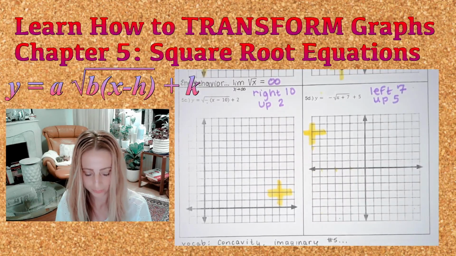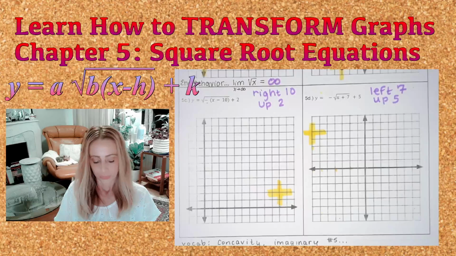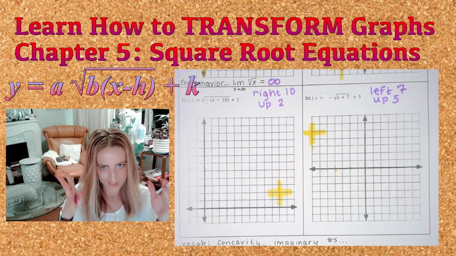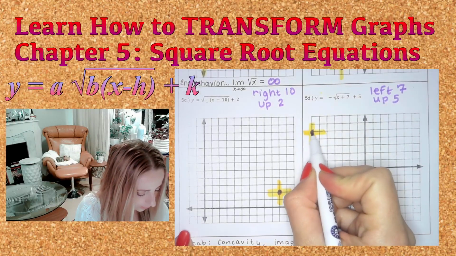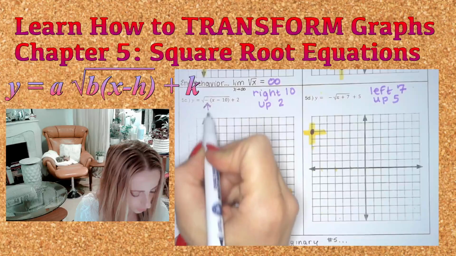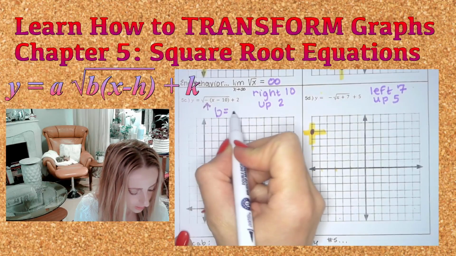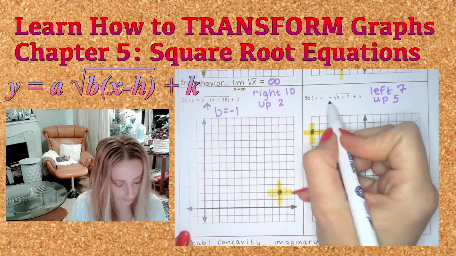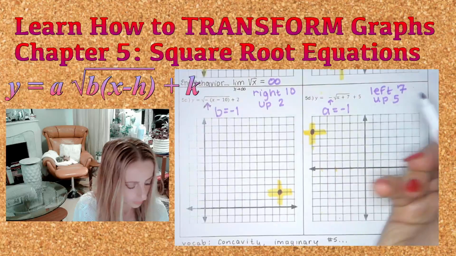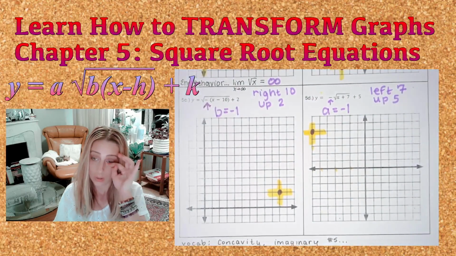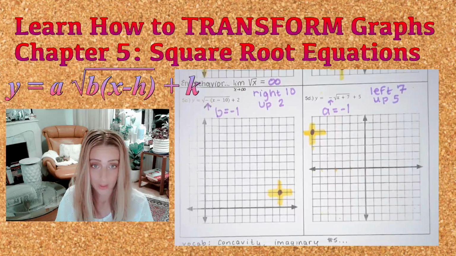Okay. Focus right now. Okay? So here's where we start. In this situation, B is -1, or negative. In this situation, A is -1, or negative. No stretching or compressing is happening anywhere.